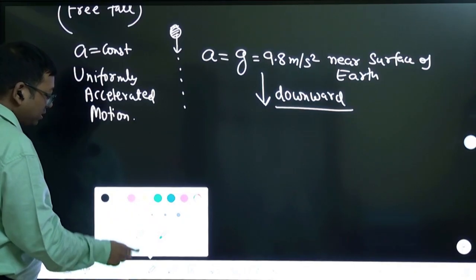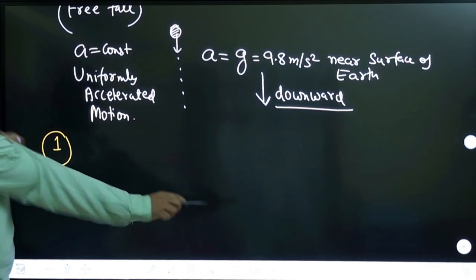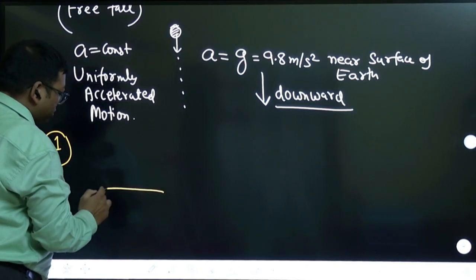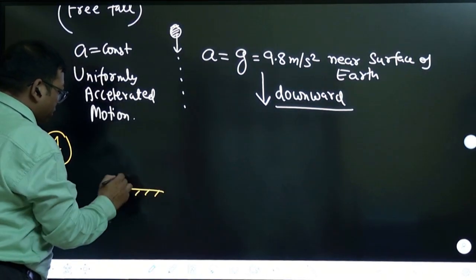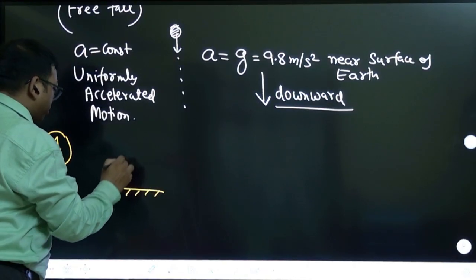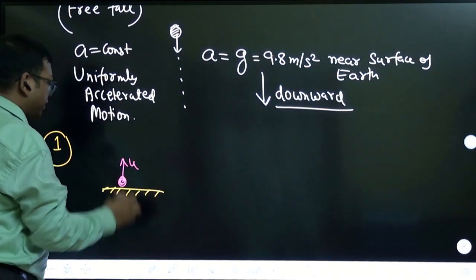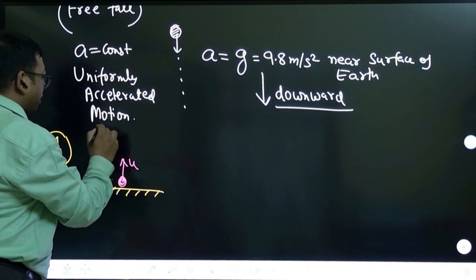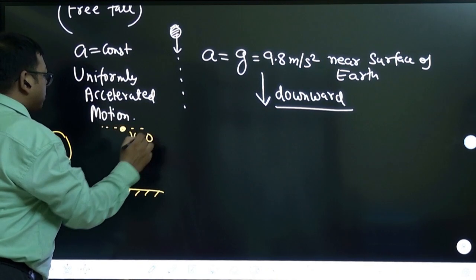So first case here, motion under gravity. Suppose from the ground, if you throw a body upward with a velocity u, the question is how much height it will go, the maximum height, because at some point its speed will become 0.